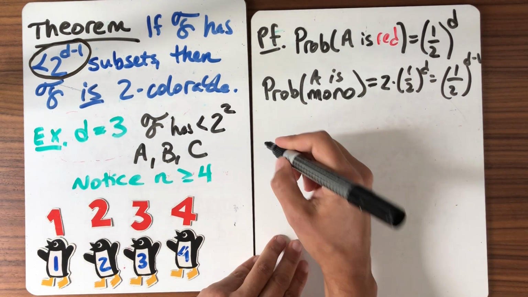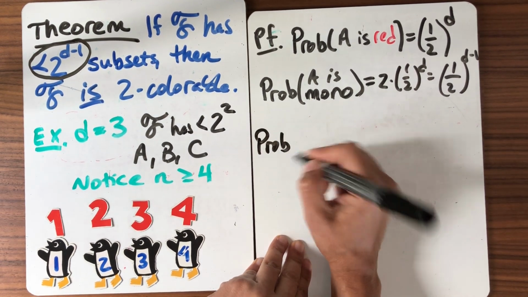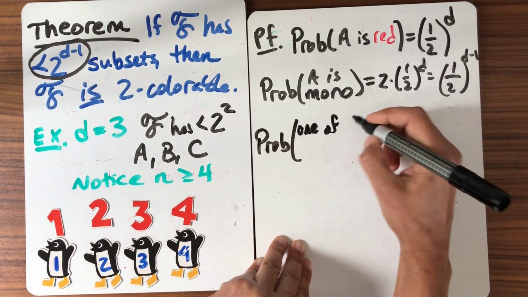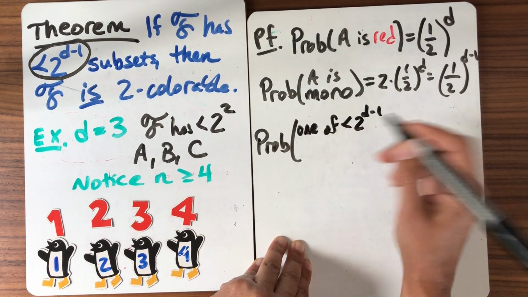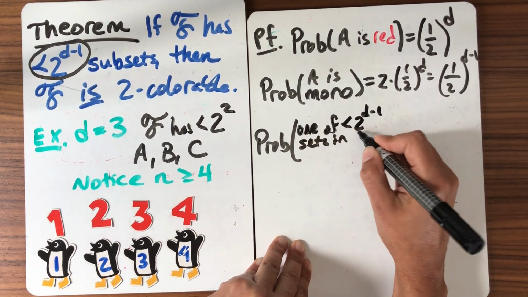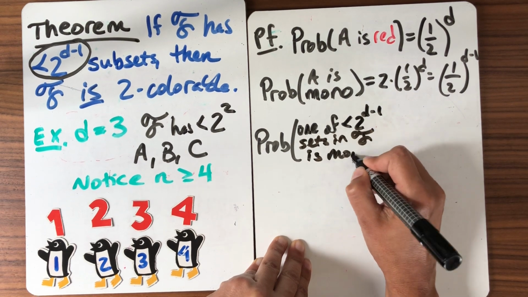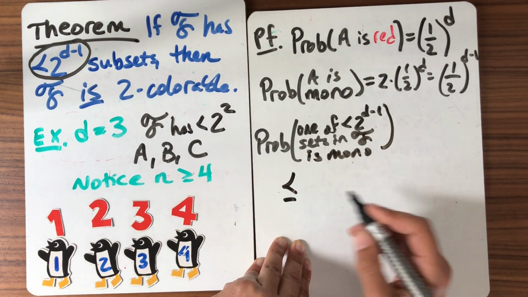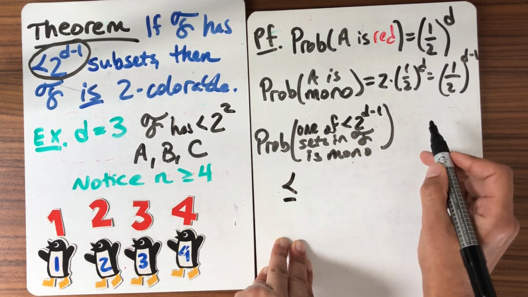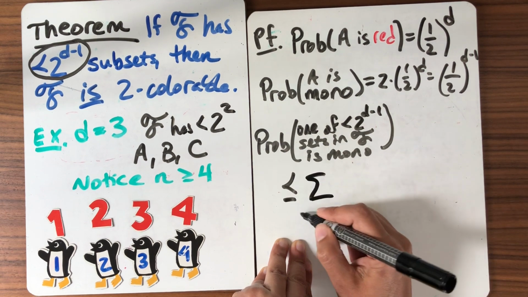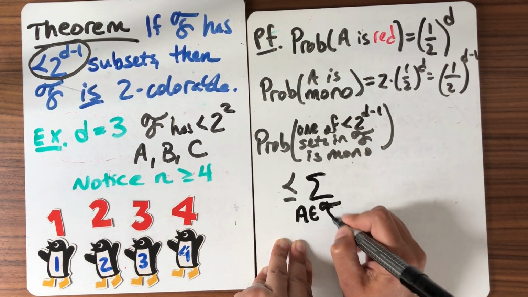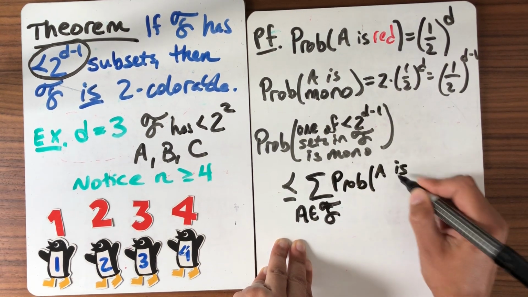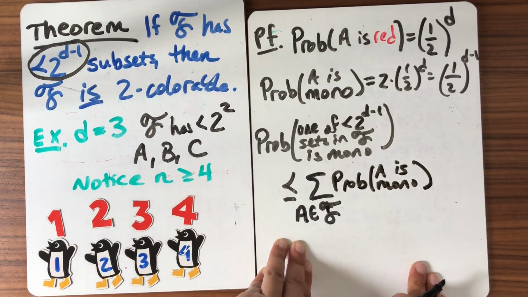Okay? Now, here's where I'm going to use the fact that I did not use too many sets. So the probability that one of less than 2 to the D minus 1 sets in F is monochromatic is going to be less than or equal to the sum over A, one of the sets in F, of the probability that A is monochromatic.